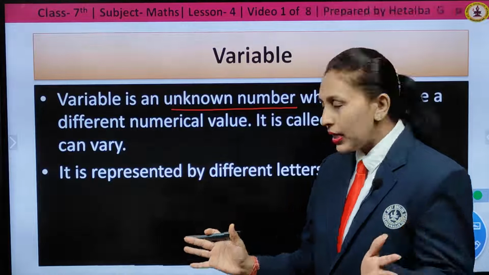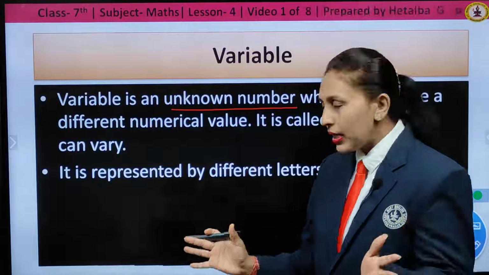This is an expression, which doesn't have an equality sign. But whenever we put an equal to sign and put some value here, it changes to an equation. So an algebraic expression doesn't have an equality sign, whereas an equation always has an equality sign.